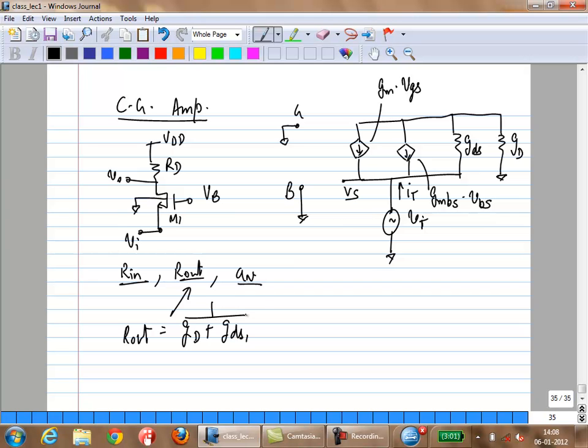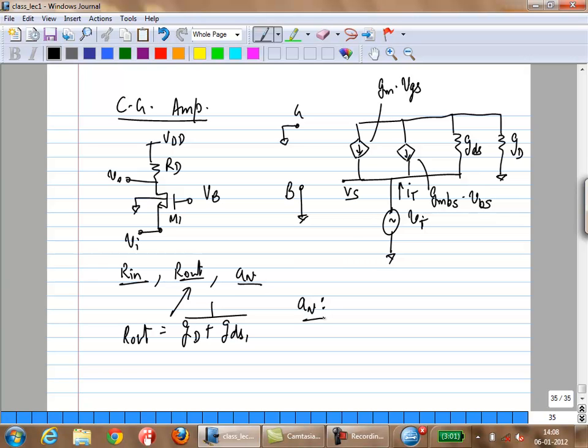Is that correct? It's fairly straightforward. When you're trying to find the output impedance, you turn off the input source, so you short the input source. Then it's just RD in parallel with RDS of the transistor, right?